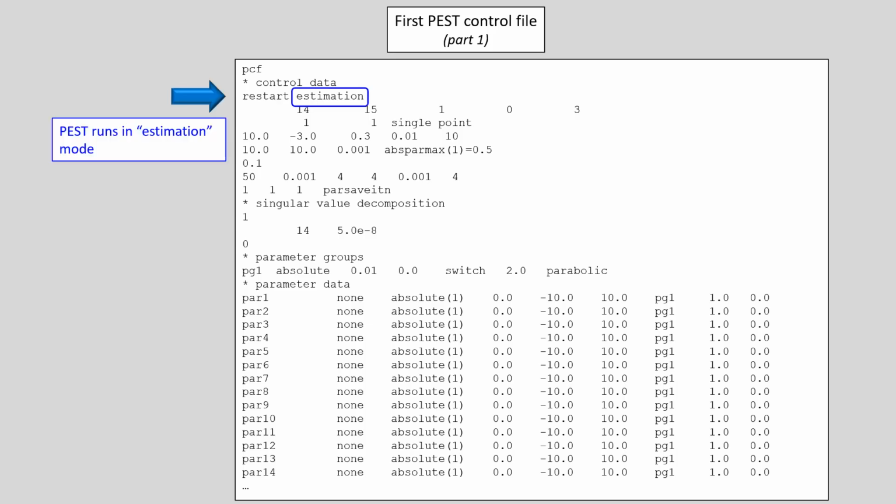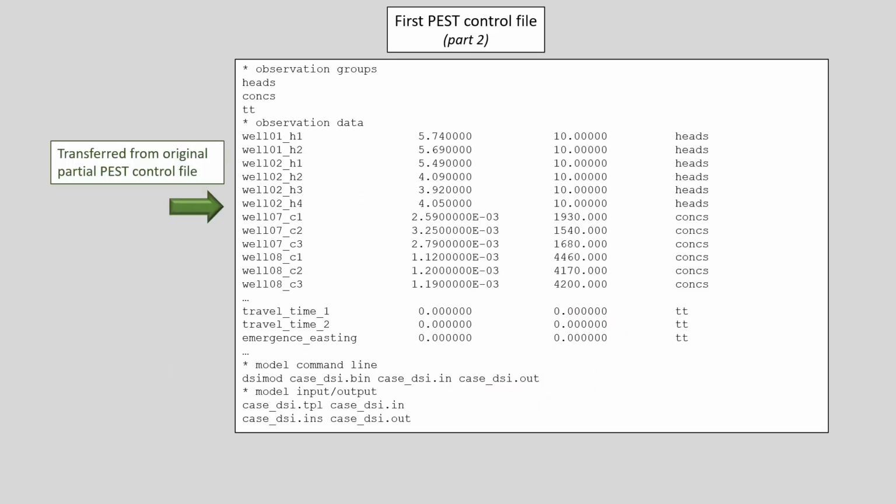PEST is told to run in estimation mode. We'll change this shortly. The parameter data section of the PEST control file lists PCA parameters. The initial values of these parameters are 0. Recall that their prior mean is 0. They have a standard deviation of 1. The bounds then are generous for these parameters.